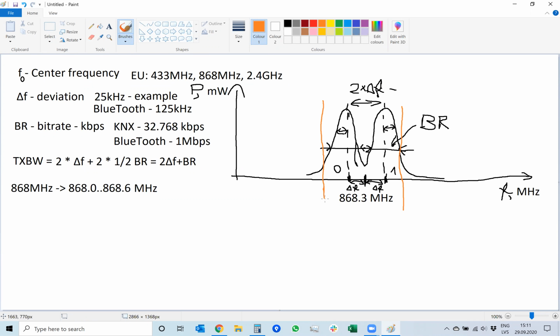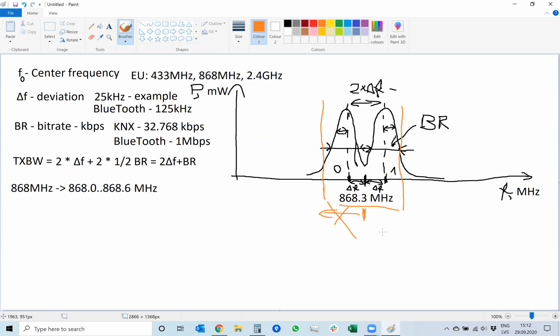So actually you cannot send at exactly 868 megahertz, because then half of your signal will be in the forbidden zone. This is why most people just choose the middle of this 868.0 to 868.6 megahertz band, which is 868.3.